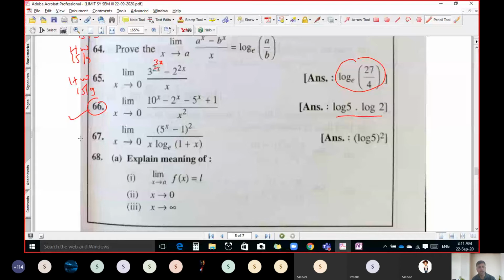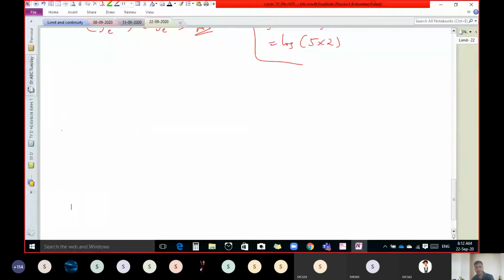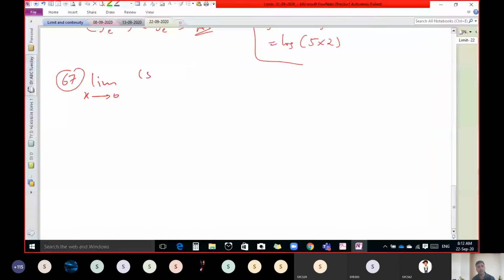67. This is also slightly difficult. Limit x tends to 0, 5 raised to x minus 1 the whole square upon x into log 1 plus x.